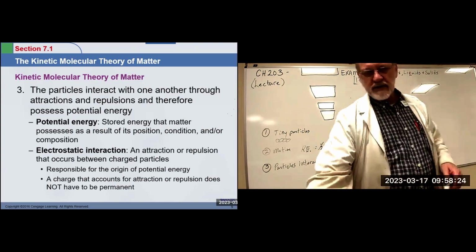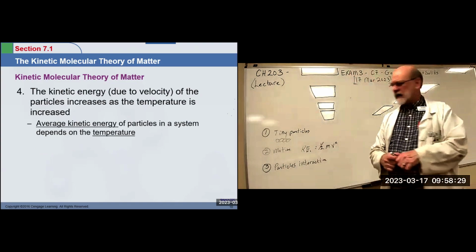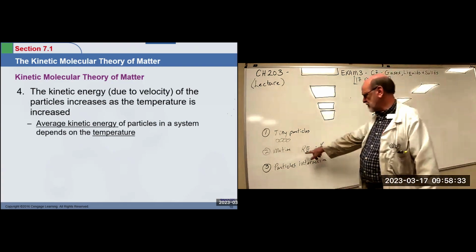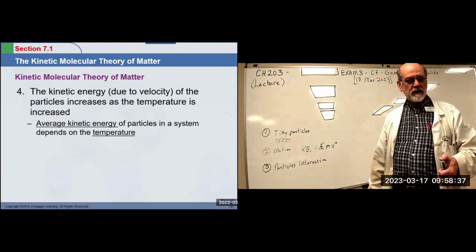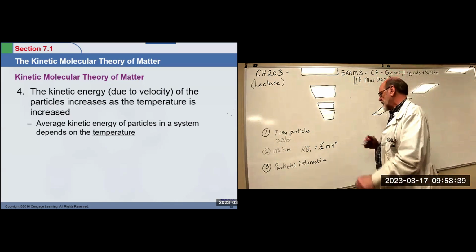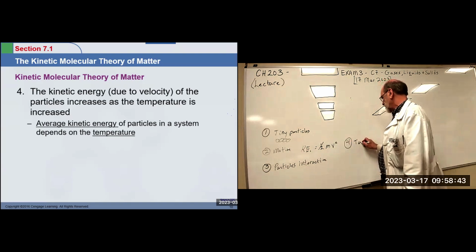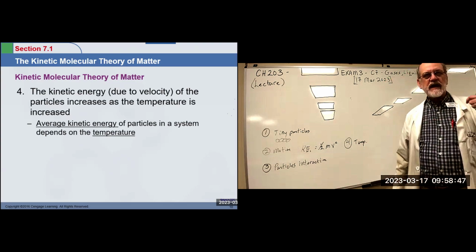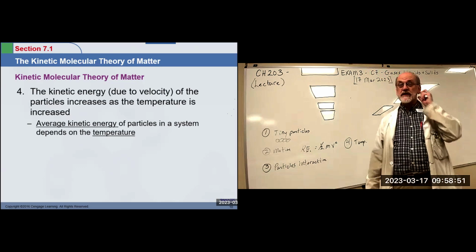All right, that was the third point. I wonder why they're going back to this, it ought to be buried in 2, kinetic energy due to velocity of particle. Oh, I see, they're drawing a parallel between kinetic energy and temperature. Temperature is a measure of the average kinetic energy of all the particles in the substance.